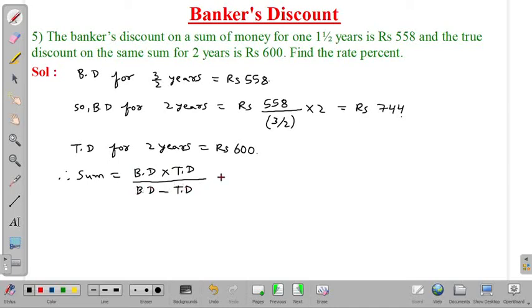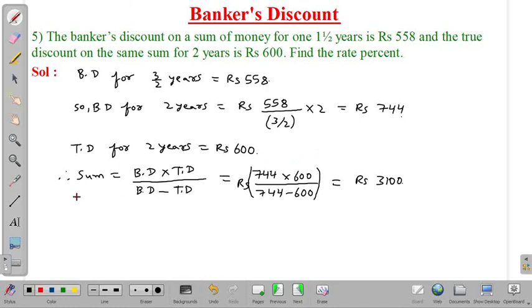Substituting the values, we get 744 into 600 divided by 744 minus 600. Okay, this will be in rupees. Calculating this, we get rupees 3100.